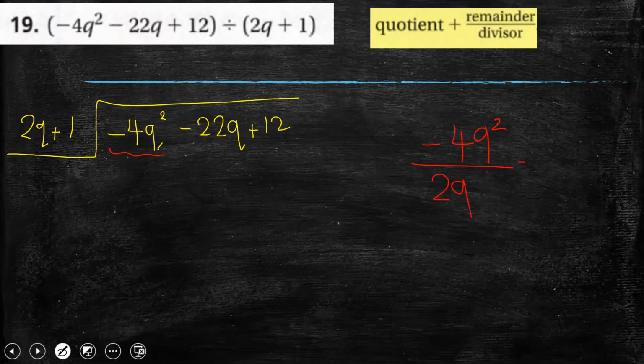Then how do we divide? This is negative 2 times 2. We write its factors, times q times q over 2q. Then 2 cancels 2, q cancels q. So what do we have now? We have negative 2q.